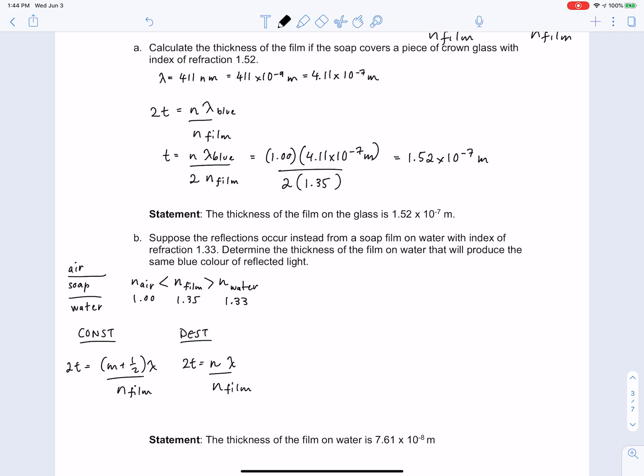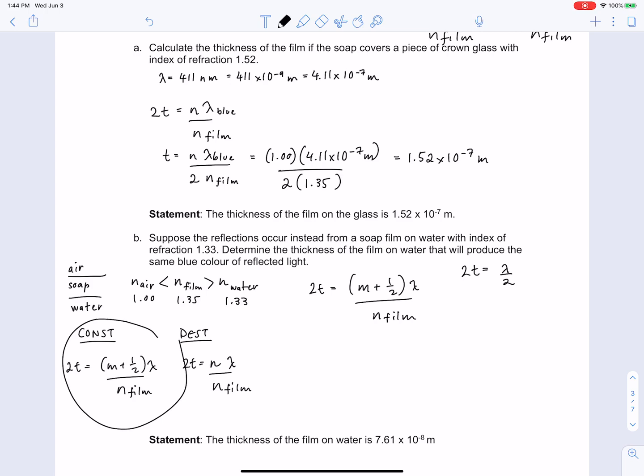So the equation that we're going to be using is this one right here, where 2t is equal to m plus 1/2 lambda over n film. Now, in order for this to be constructive, this has to occur at path lengths where 2t is equivalent to a path length difference from ray 1 of lambda over 2.